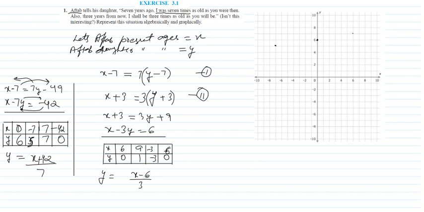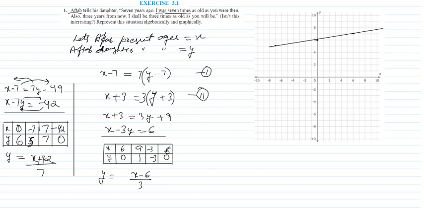Minus 42 and 0, we will not plot this point, and these 3 points are enough to plot the graph. Okay, so this is the graph.